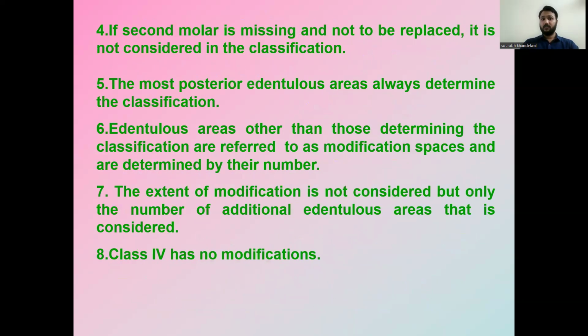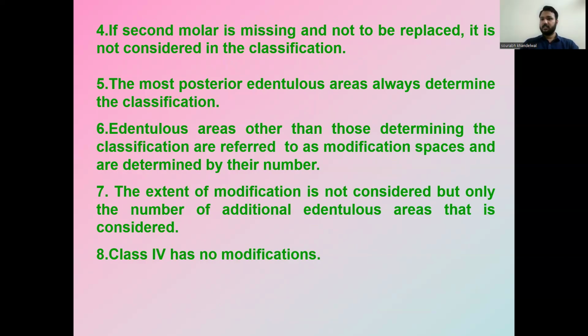Then the fourth rule is if the second molar is missing and not to be replaced, it is not considered in the classification. The most posterior edentulous areas always determine the classification. Edentulous areas other than those determining the classification are referred to as modification spaces and are determined by their number. The extent of modification is not considered, but only the number of additional edentulous areas.